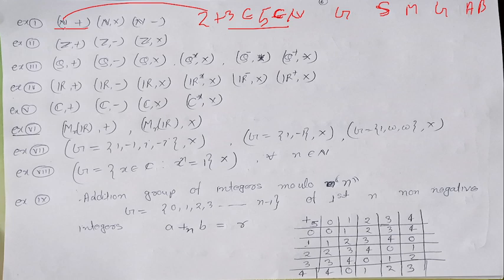If you take two natural numbers and add them, then you can easily get another natural number, so it is a groupoid.